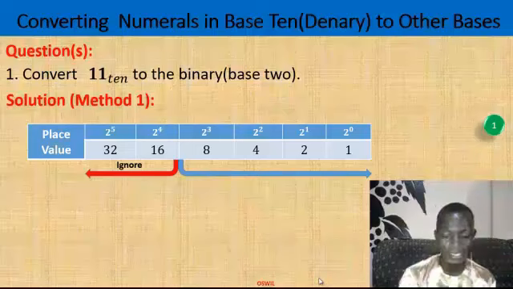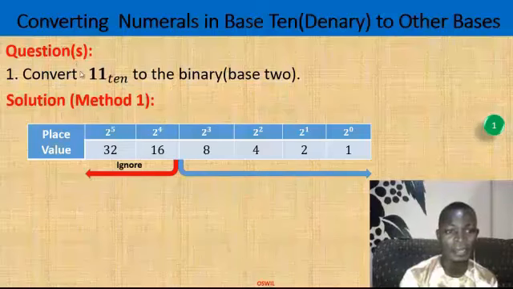We can see that we have 1, 2, 4, 8. All these place values are less than 11.